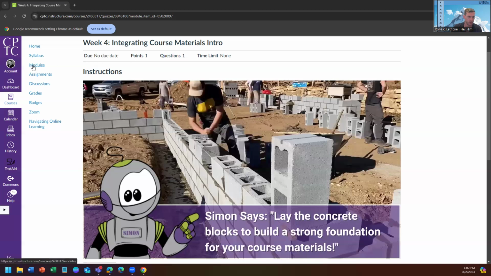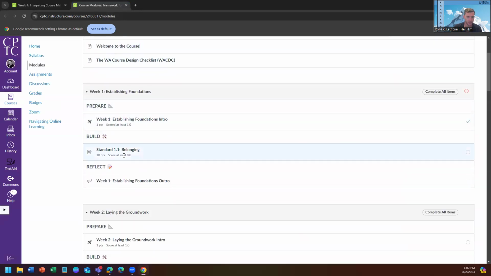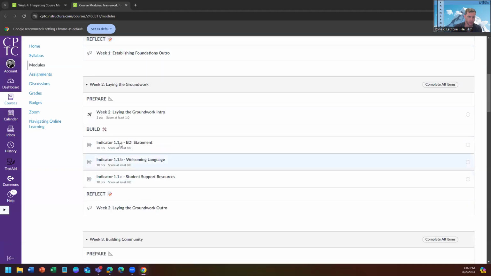If you all remember, the first standard was about belonging. So we did standard 1.1, and then there were some indicators.